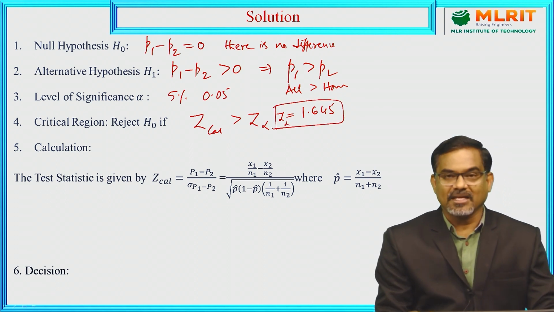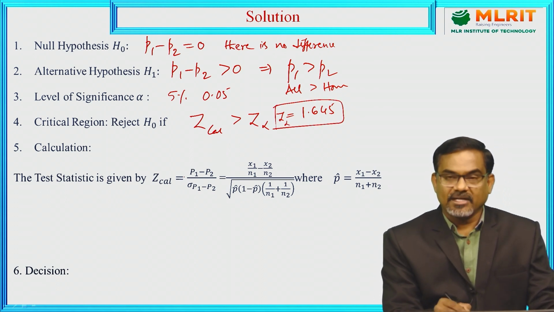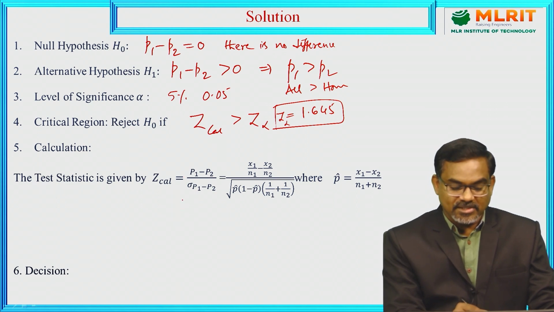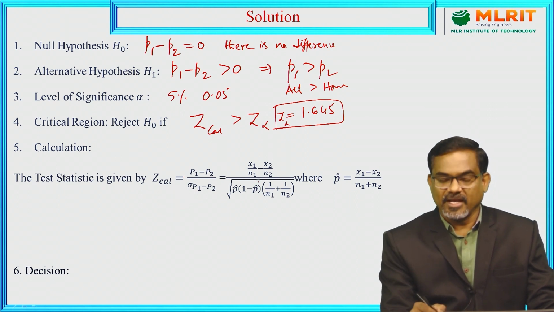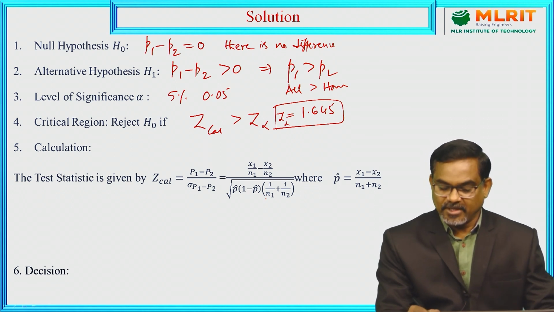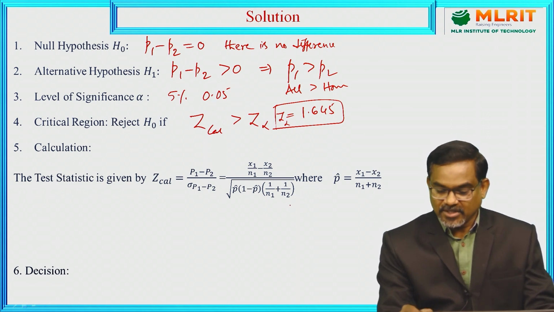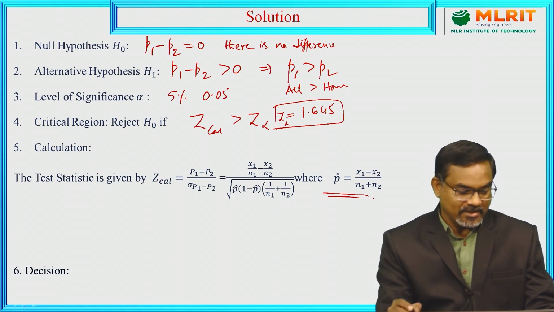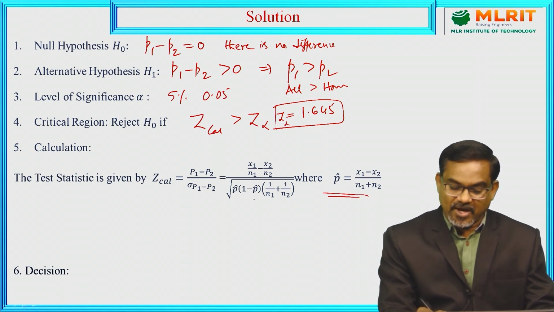Let us calculate the Z calculated value using the test statistic given by x1 by n1 minus x2 by n2, divided by under root p cap into 1 minus p cap into 1 by n1 plus 1 by n2. First we need to calculate this p cap, then substitute that value here.